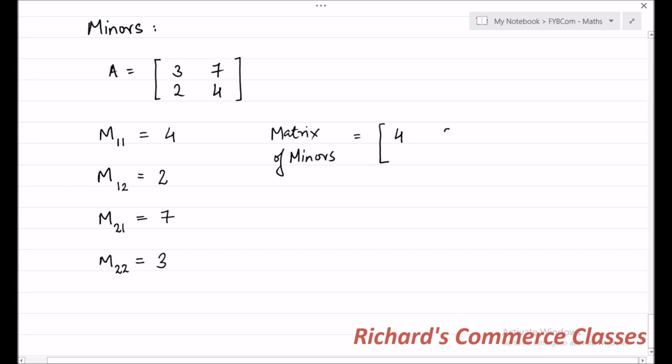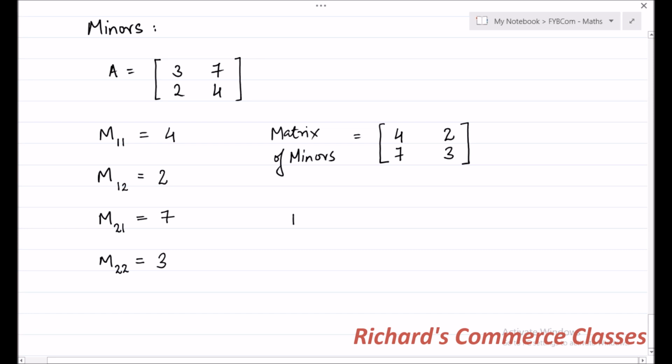First row but second column, that is 2. Second row first column, that is 7. And M22 is 3, which is in this position. This is how you calculate a matrix of minors for a 2 by 2 matrix.